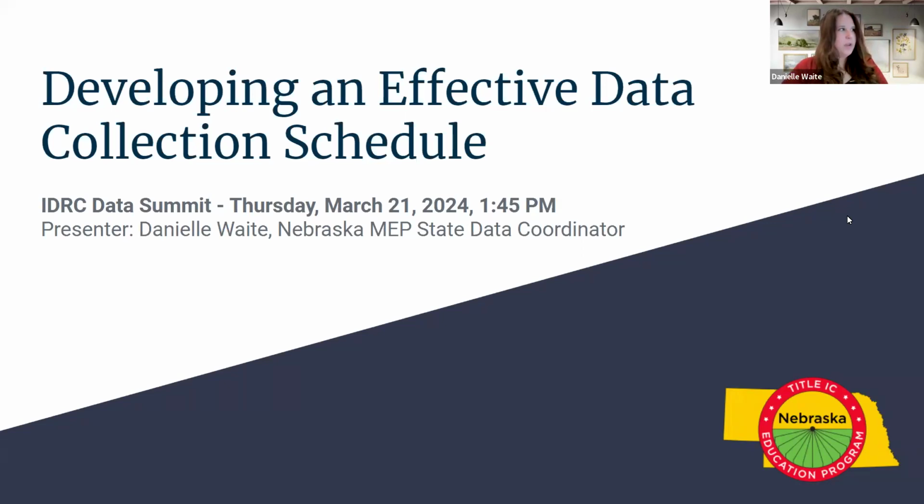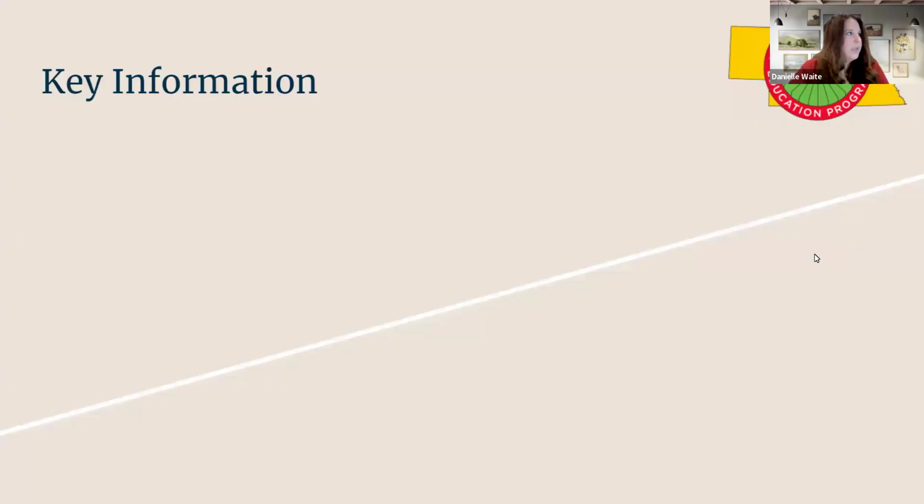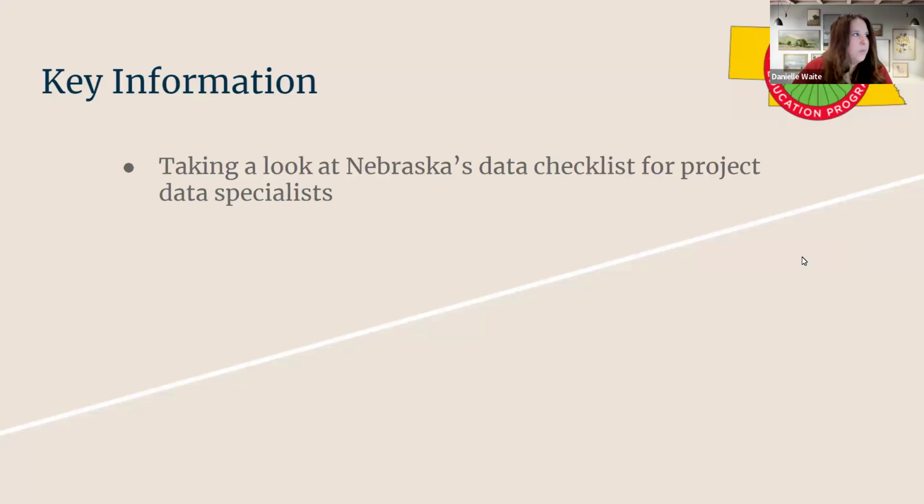So what I want to talk about today is how to develop an effective data collection schedule. We're just going to share what we do in Nebraska, what Nebraska looks like, and some key information. We'll be taking a look at Nebraska's data checklists for project data specialists. This comes from a standpoint not as a state data person, but for those at a project level or district or regional level entering data.